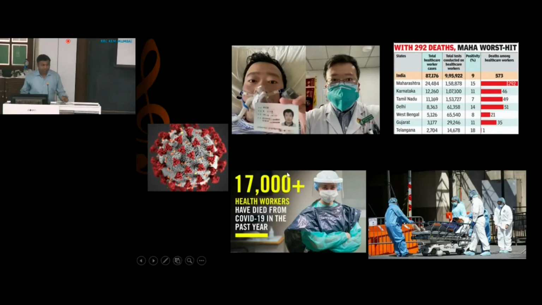So even the developed countries. And this person, does anyone know who he is? He is the first whistleblower, a Chinese doctor who noticed in December 2019 that there were many cases of severe acute respiratory distress, pneumonia with an unknown cause, and it did not look like something he had seen in the past few years.